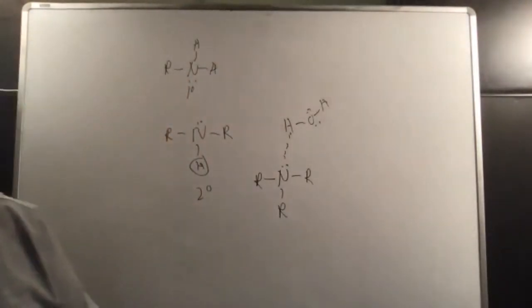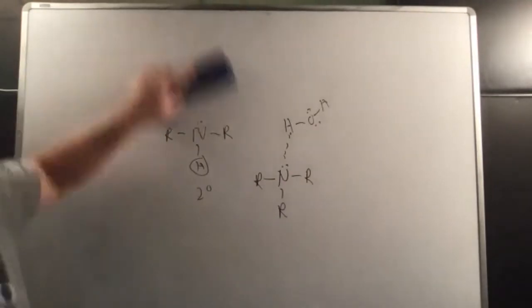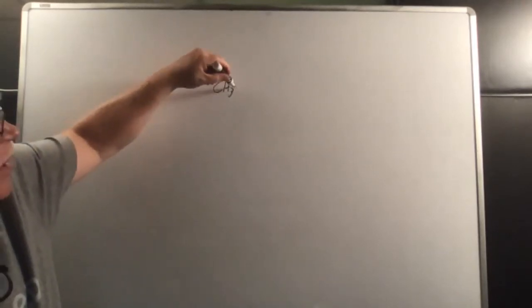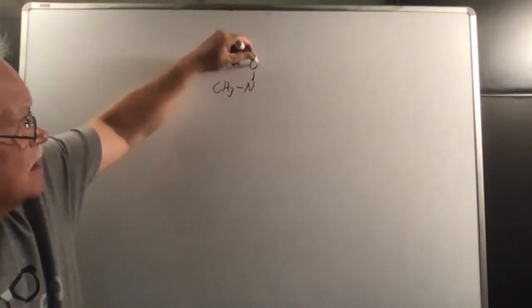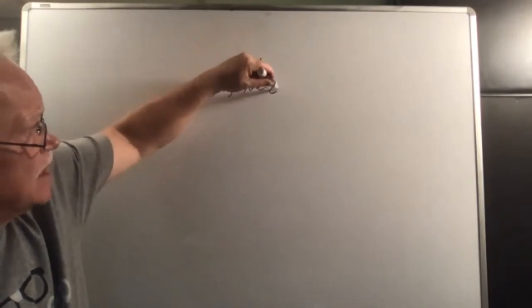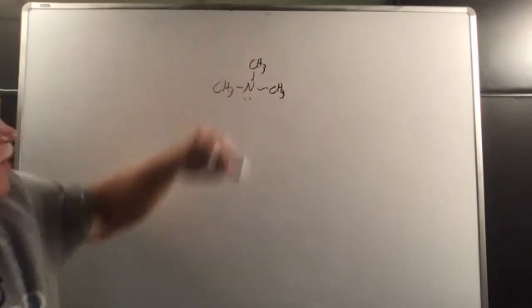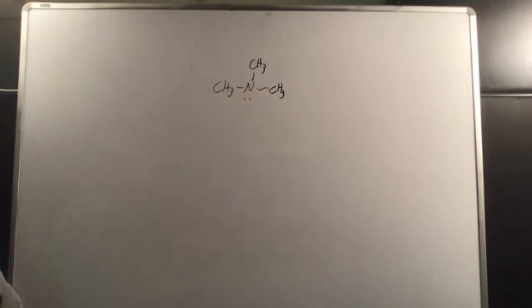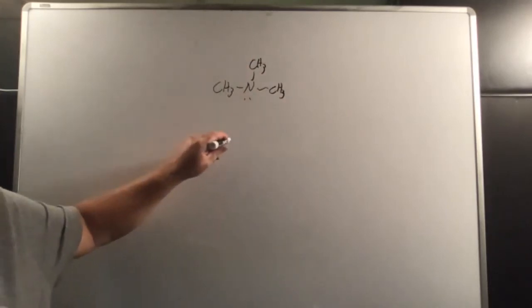So when we're looking at these three compounds, the trimethylamine, again, I would expect you to be able to realize that the CH3 in parentheses tells me there's three CH3s attached. That one can't hydrogen bond to itself.